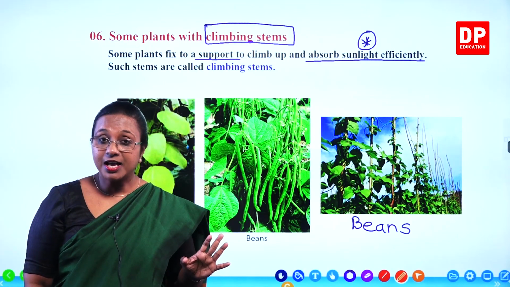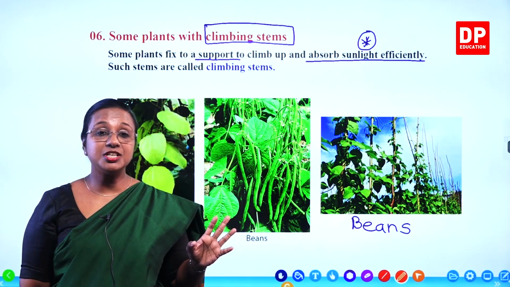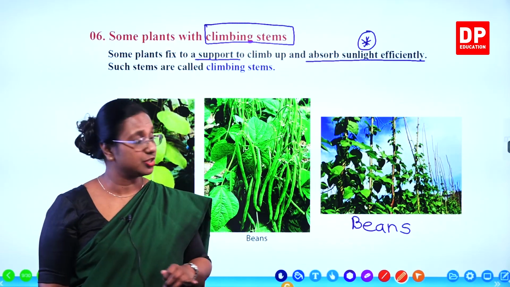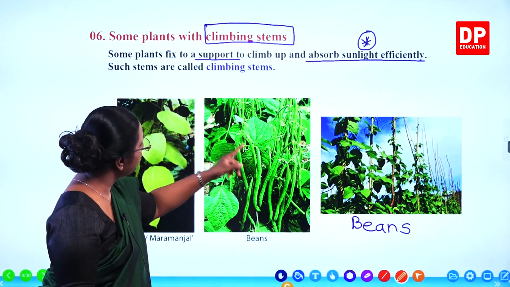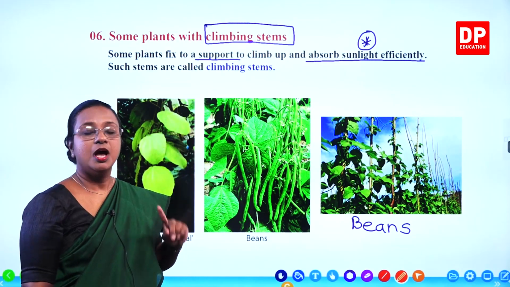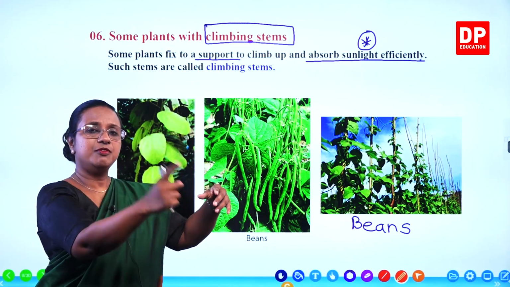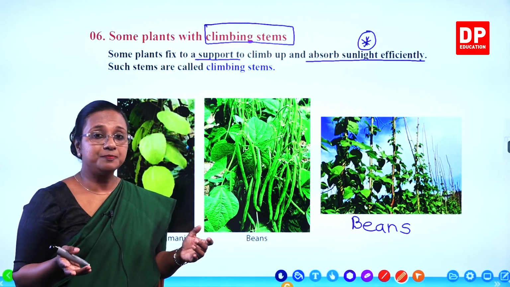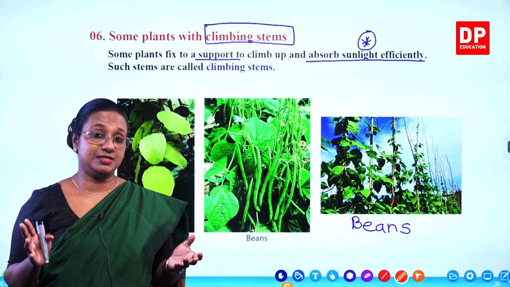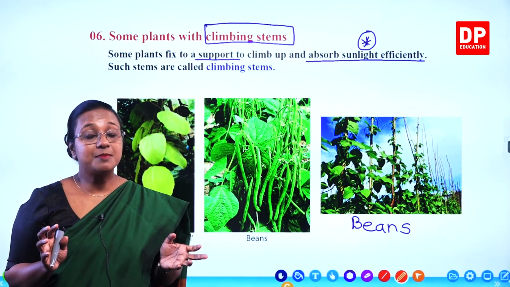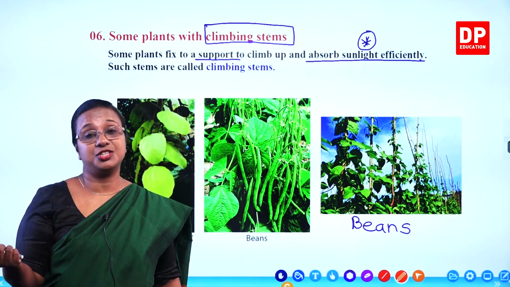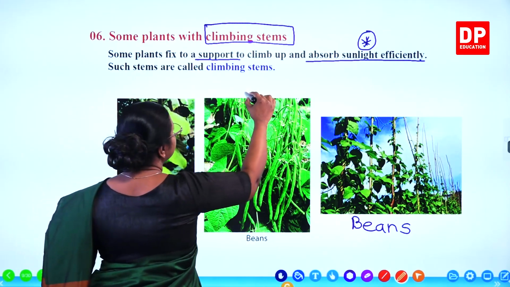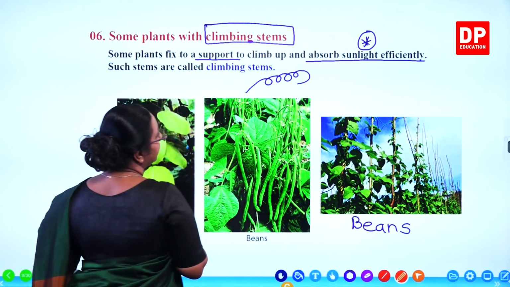There are different types of stems, they do different functions, and to do these different functions, they have different adaptations. So here, now if they want to grow around a support, how do they stay? If you just wrap a thin stem around a support, can it stay? Some stems, yes, they can. But there are some stems which have special structures. For example, tendrils, you might have seen in some plants, there is a structure like this, the tendril.